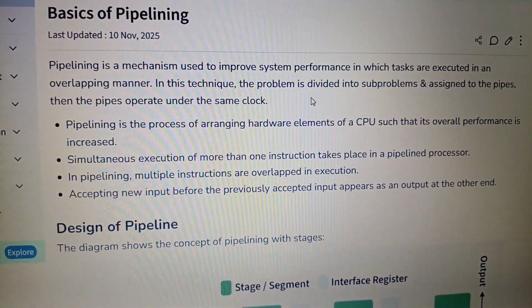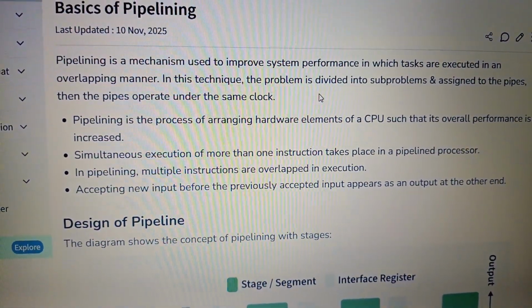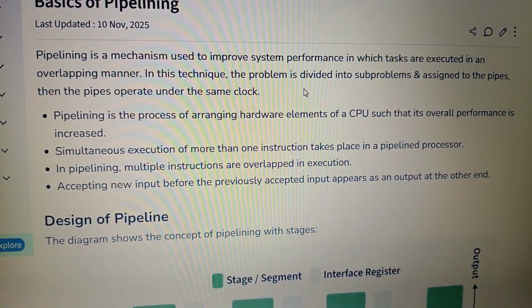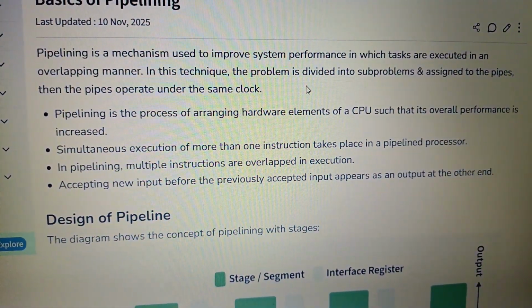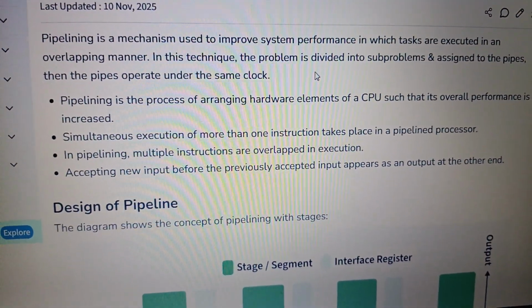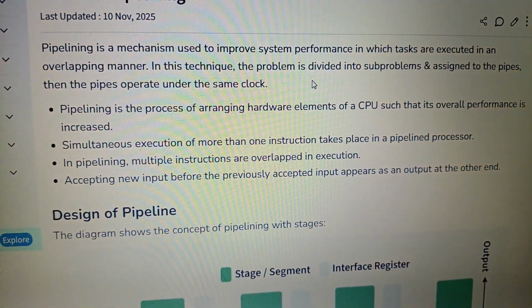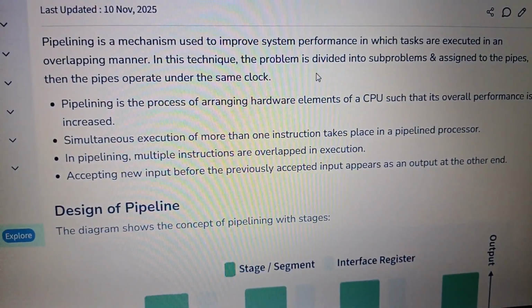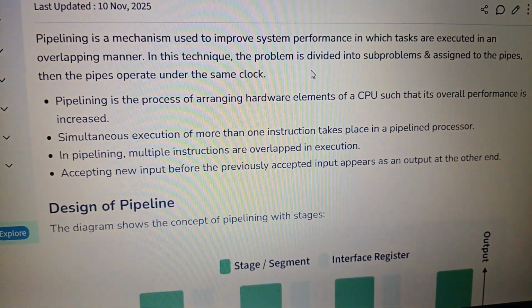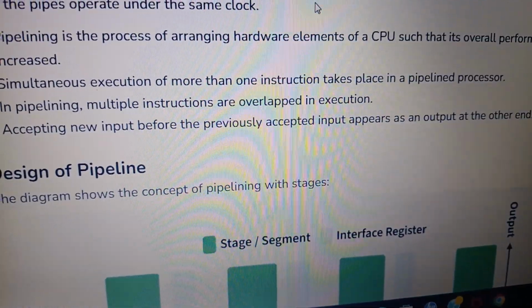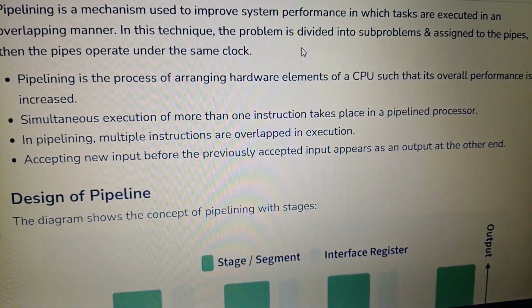Pipelining is the process of arranging hardware elements of the CPU such that its overall performance is increased. Simultaneous execution of more than one instruction takes place in a pipelined process. In pipelining, multiple instructions are overlapped in execution, accepting new input before the previously accepted input appears as the output of the other end.